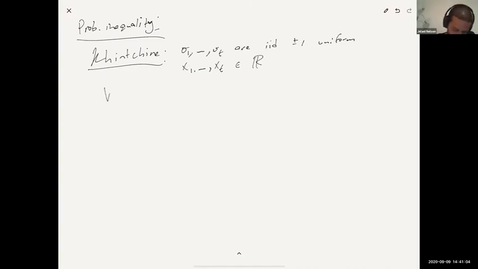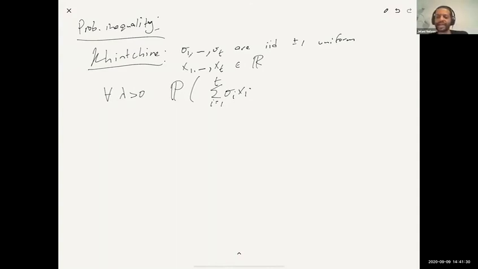Then it says that for all lambda bigger than 0, the probability that the sum of sigma i xi... What is the expectation of this random variable, the sum of sigma i xi? It's 0, just by linearity of expectation, since each sigma i is a plus-minus 1 with expectation 0.